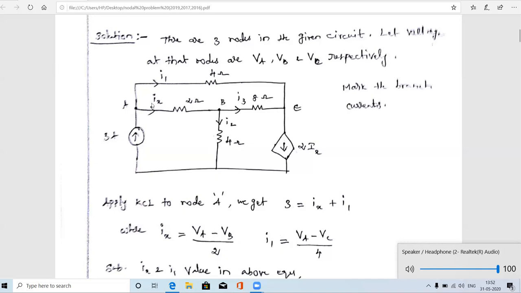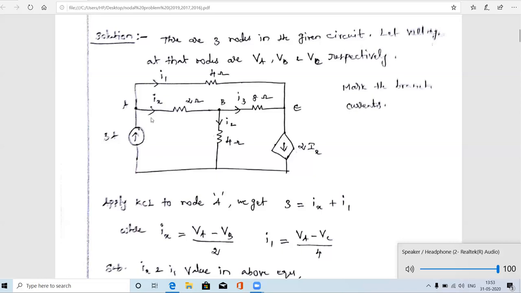What is Ix? Ix is nothing but the current flowing through the 2 ohm resistor. According to Ohm's law, the current is the ratio of voltage divided by the resistance value. So what is the potential drop across this 2 ohm resistor?